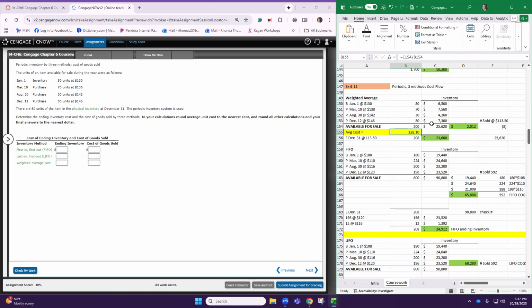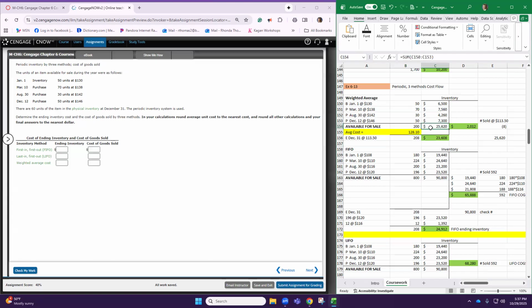If I did all the math correct here, that should equal 25,620. So knowing what's available in units and dollars gets you to figuring out what the average cost is. Let's see if this makes sense. Okay, 128.10.